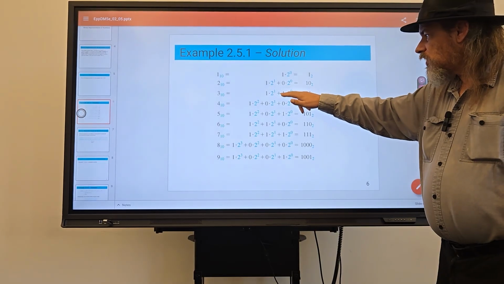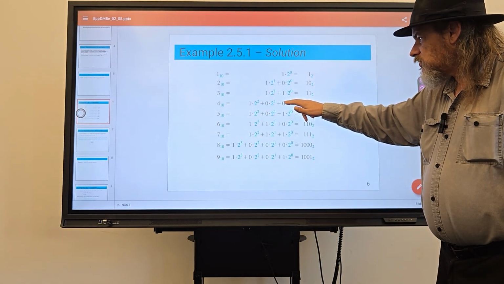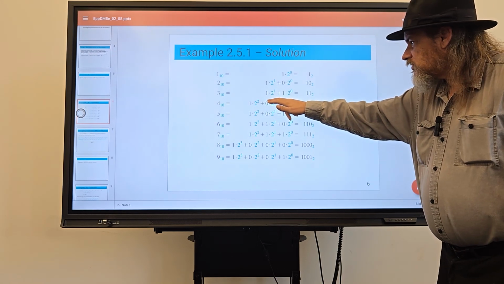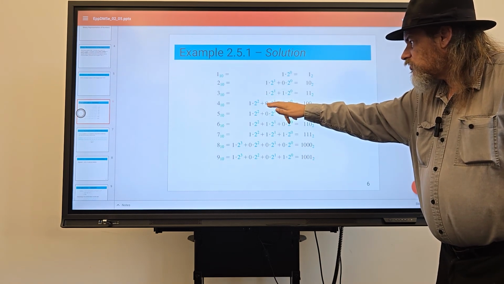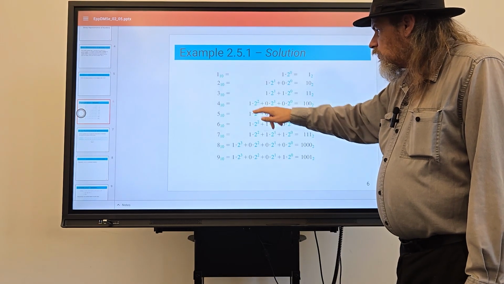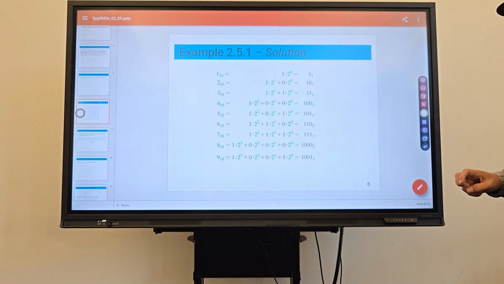Again, rolling over, adding 1, you roll over from 1 to 0. Add 1 to the next column, which is also rolled over to 0, and then another 1 into the 4's column, or 2 to the 2nd power.